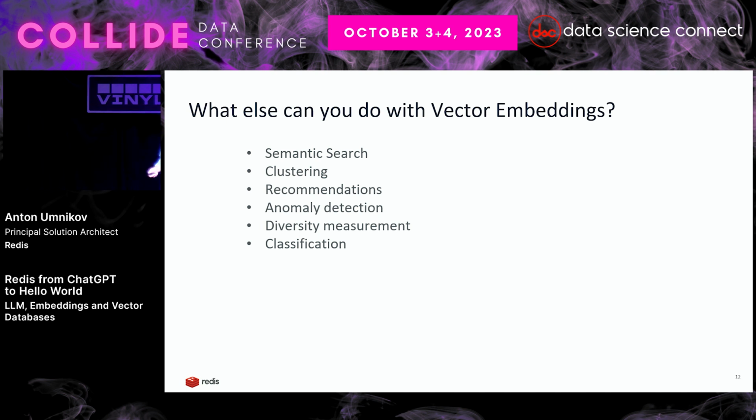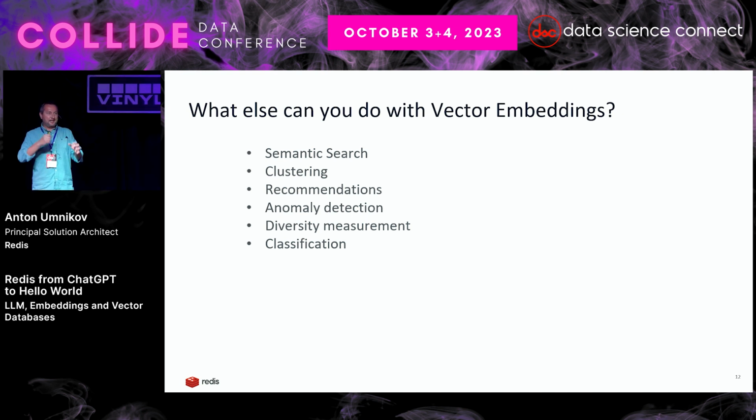And there are a whole bunch of other things that you can do with vector embeddings and vector databases, not necessarily requiring a generative large language model. For instance, one of the early adopters of Redis Vector Similarity Search, a company from Australia, Relevance AI, used embeddings and Redis as a vector database to identify cheaters in an online multiplayer game.